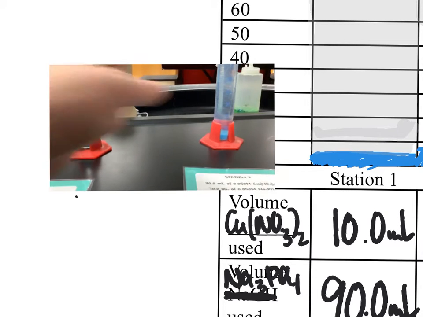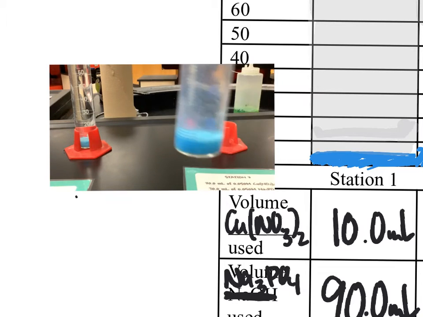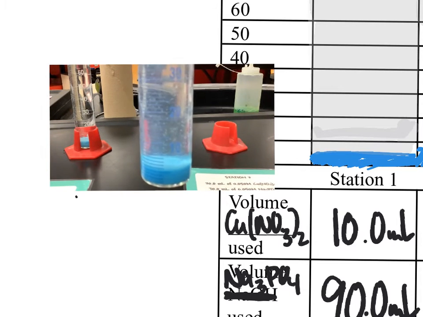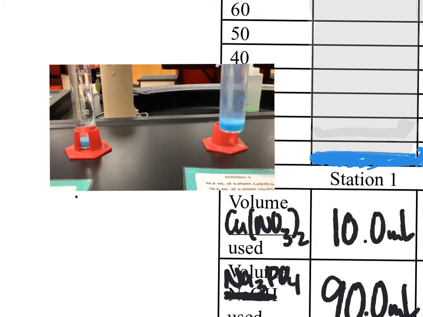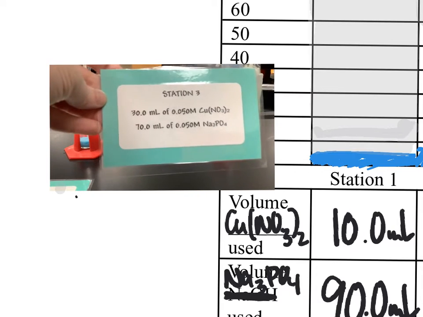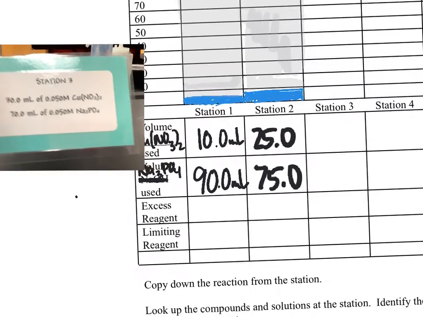Here's station 3. We're going to start to notice that station 3 has a whole bunch of precipitate just stuck right there. And here's the card. Okay, so here we're going to have 30 and 70.